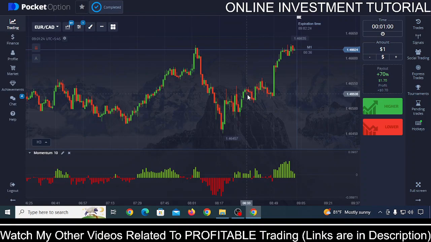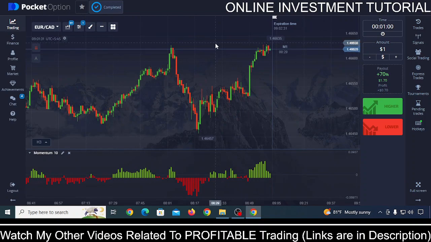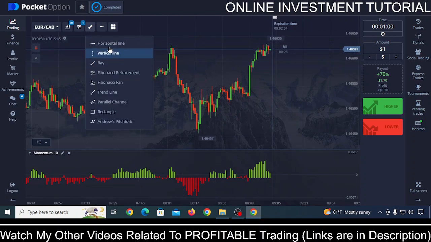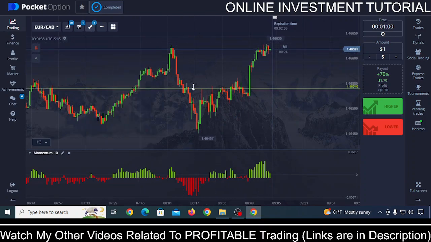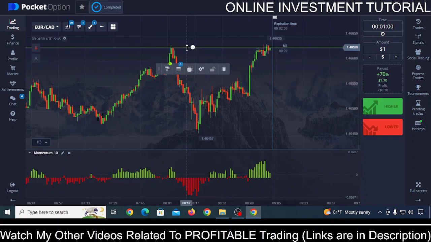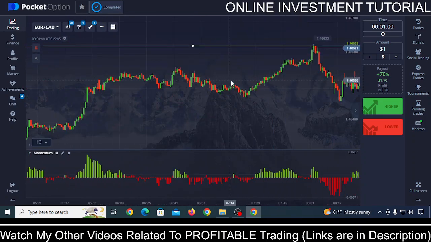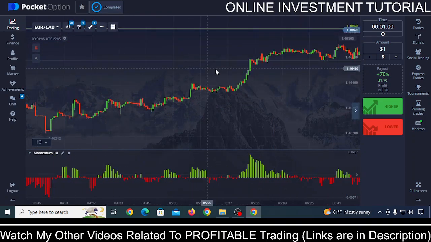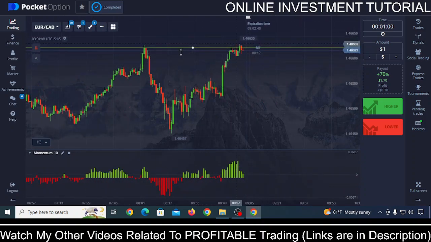But you need to find the exact point from where you need to make the trade. For that, click here, click on the horizontal line, and pull this line above to find the resistance area. As you can see, this is one resistance area. If you look at the past, you may or may not find it, but here there are 2 points showing a possible resistance.